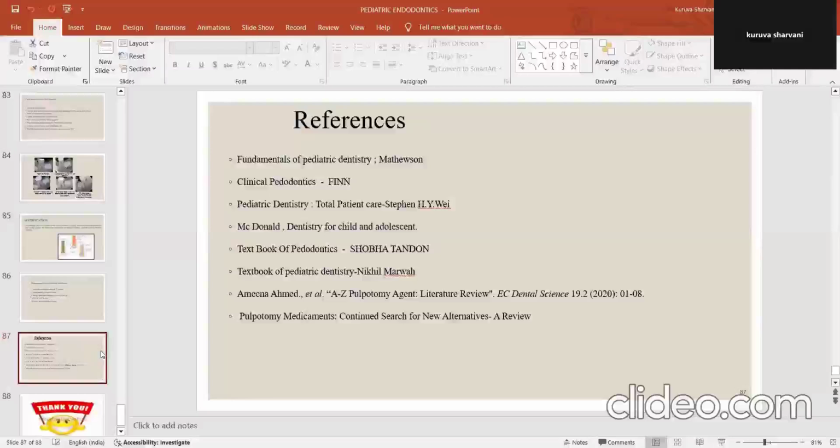Now, for apexification we have discussed Frank's criteria, and along with that there are recent advances in apexification, which include revascularization. Revascularization is the most important update, an upcoming technique in apexification. You have just mentioned the name of revascularization. That ends it. These are all my references, and thank you.